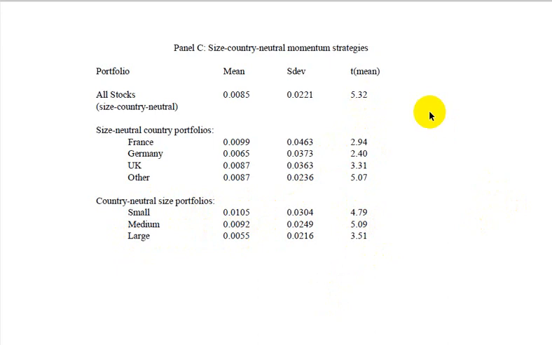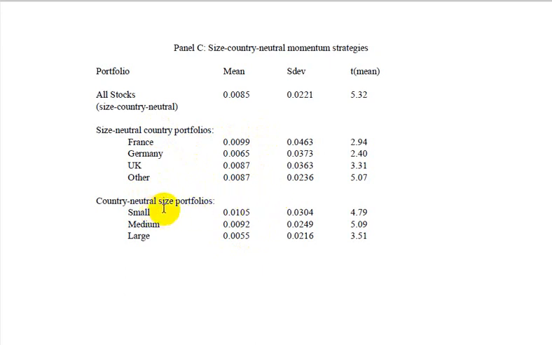So our conclusion here is that although there are variations in returns relative to geographical location and size, an investor really need not tilt his portfolio one way or the other according to country or size in order to earn excess returns with momentum strategies.